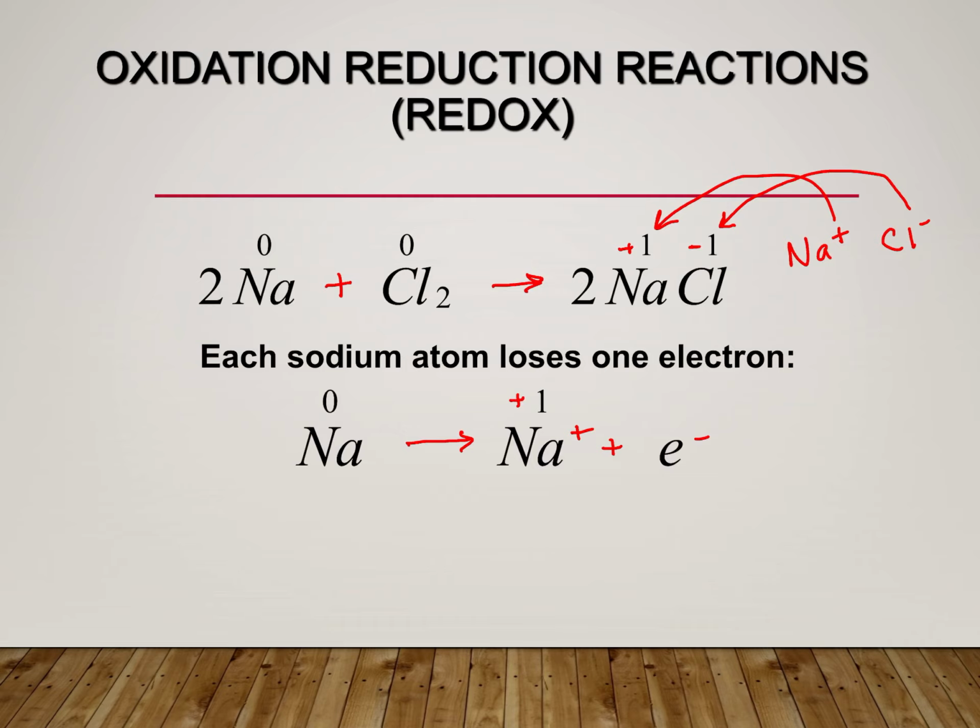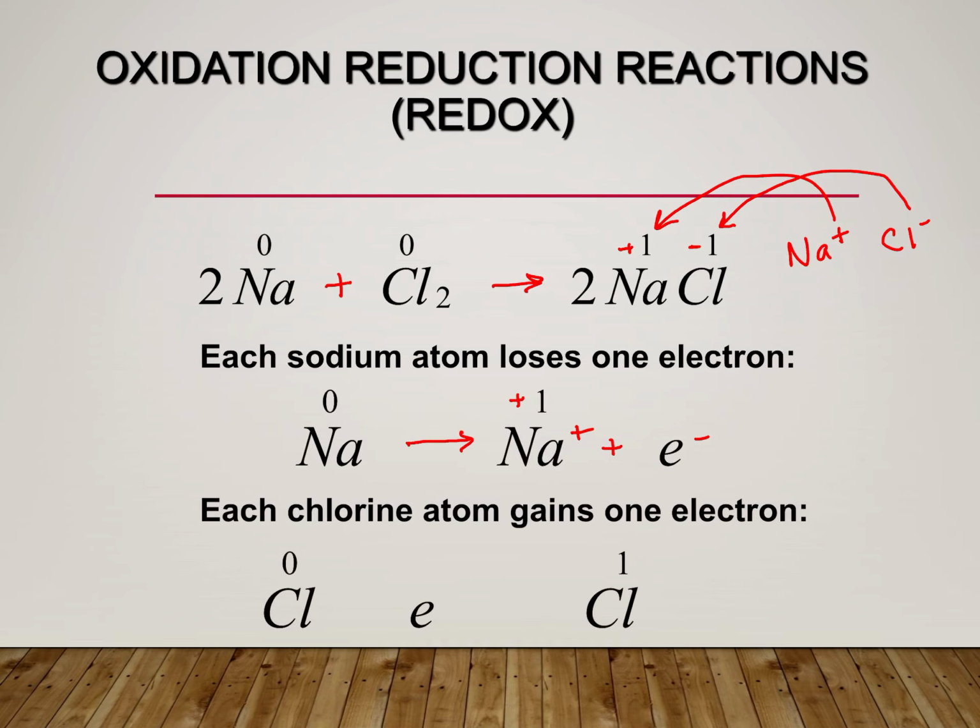So it changed its oxidation state. On the left-hand side of the reaction, it had a 0 oxidation state, and on the right-hand side of the reaction, it had a +1 oxidation state. So it has changed oxidation states during the reaction. This is going to tell you that this is a redox reaction because the oxidation states changed on the sides of the reaction. Same for chlorine.